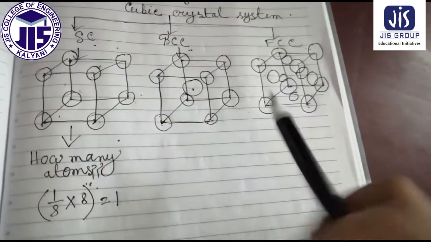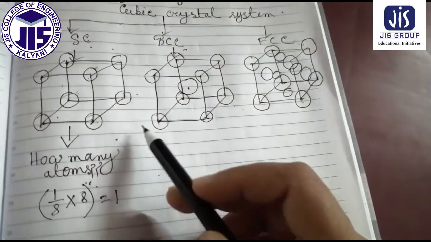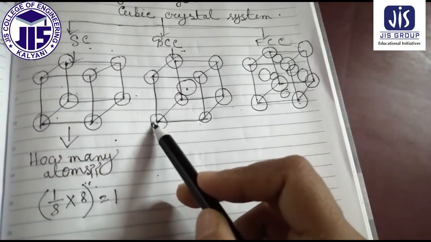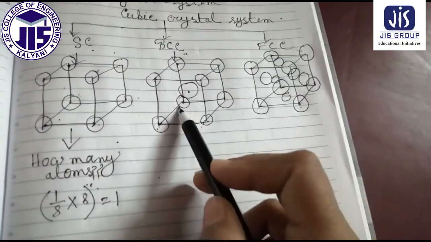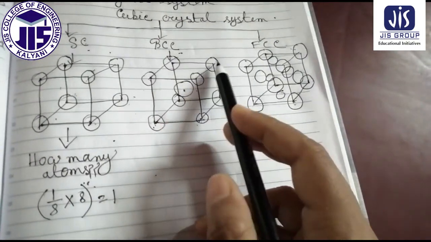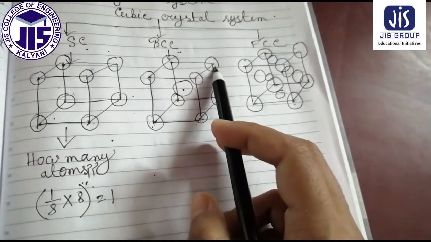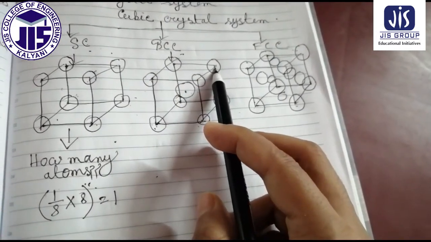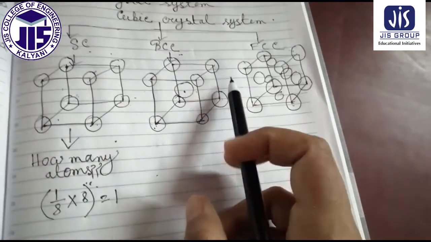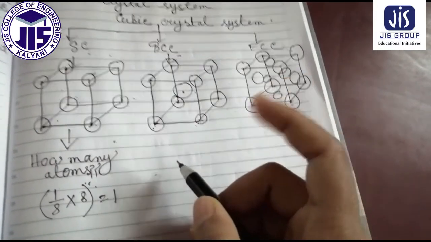Now for BCC, how many atoms are there? For BCC also at the 8 corners, as we can see, 1, 2, 3, 4, 5, 6, 7, 8. Since there is not a single unit cell but this corner will be shared by 8 unit cells, that's why this BCC will get 1/8 of each atom.